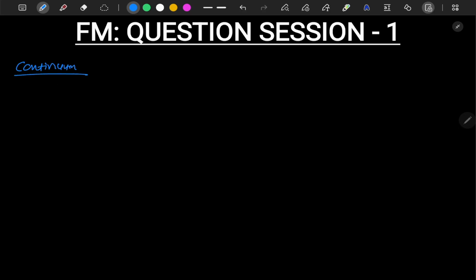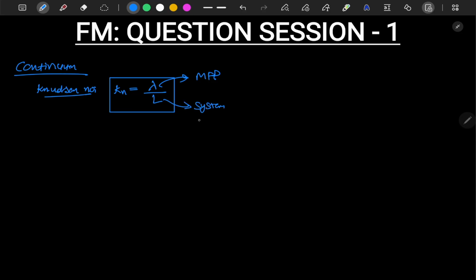Concept of continuum we know. So continuum is valid when your Knudsen number, represented by Kn, is equal to your mean free path upon the system dimension. So this lambda is your mean free path and this L is your system dimension, and your continuum is valid when your Kn is less than 0.01.